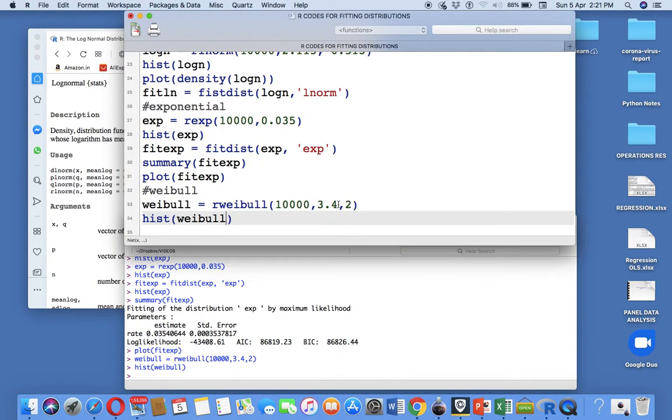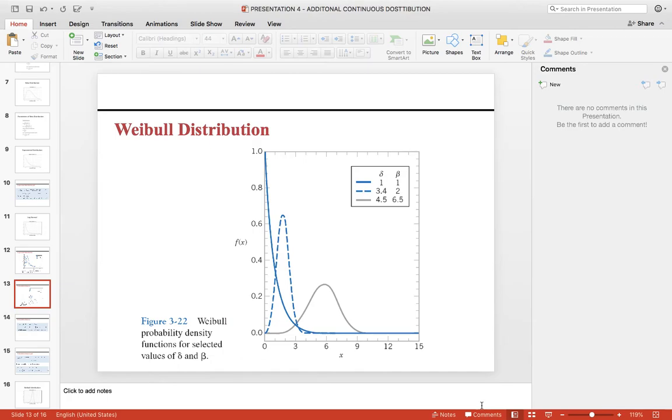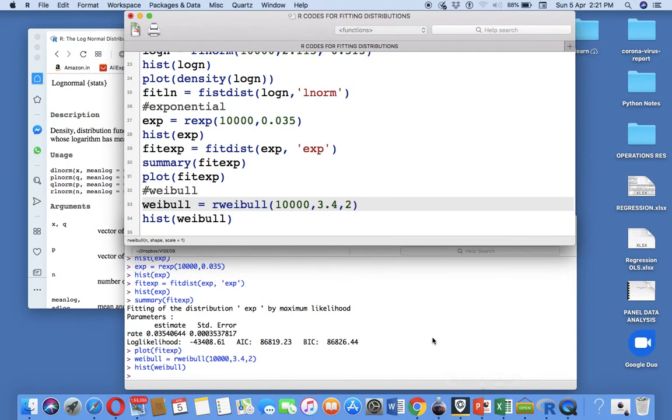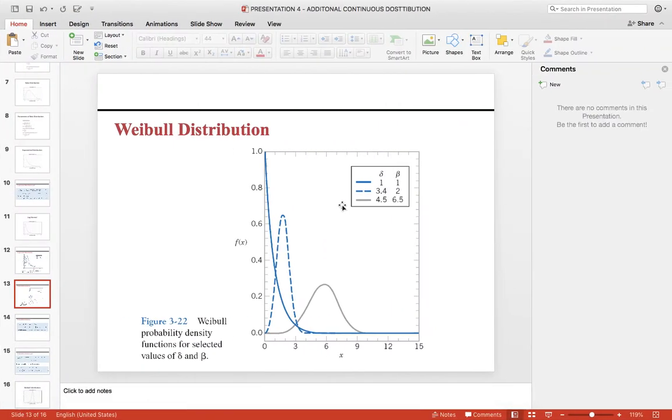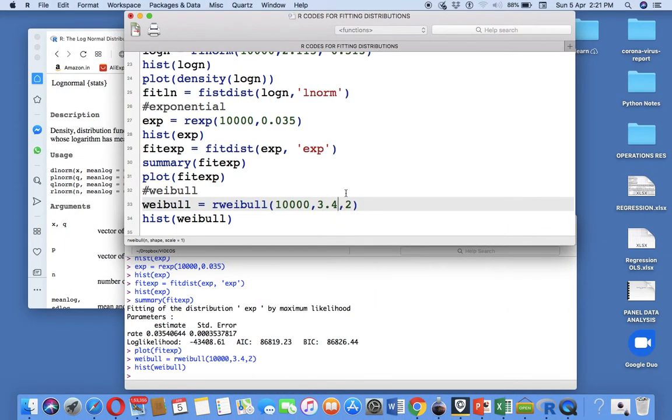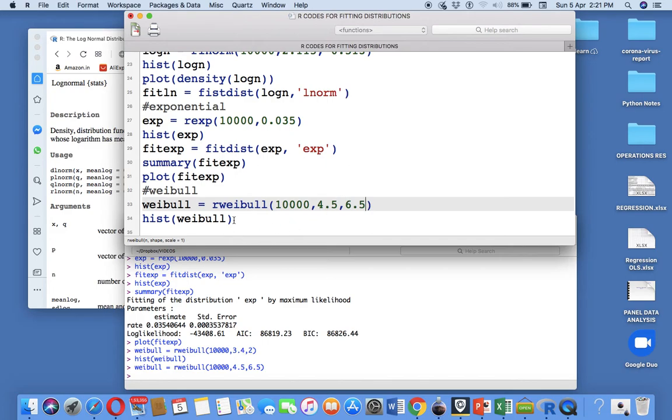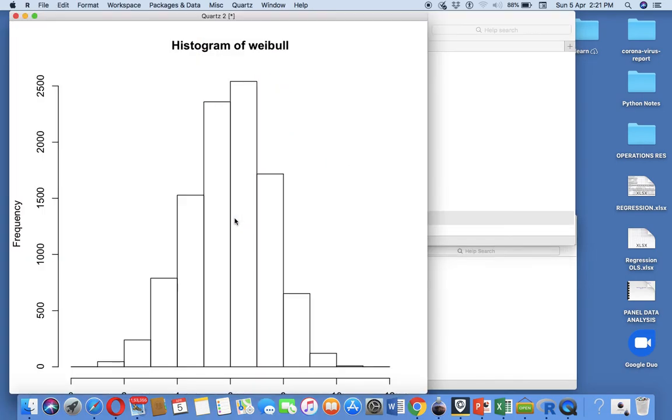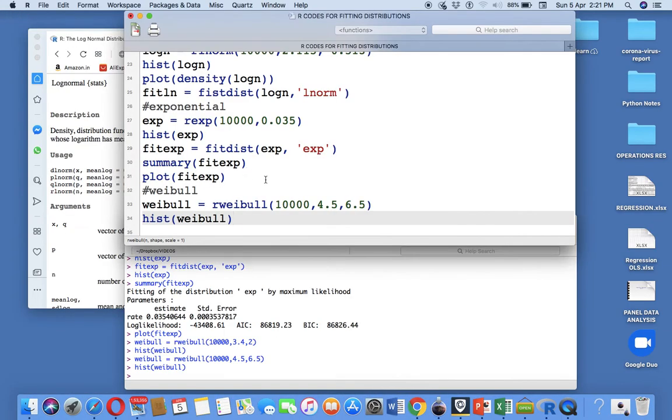Right, and I make it 3.4 and 2. 4 and 2, okay, because it's slightly different. 4.5 and 6.5. 4.5 and 6.5. Then you get a histogram. It becomes more and more normal. So that is the Weibull distribution.